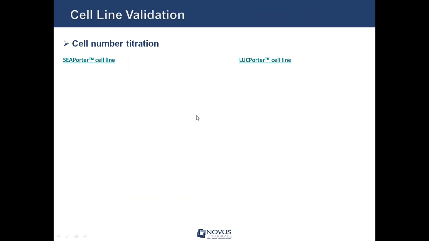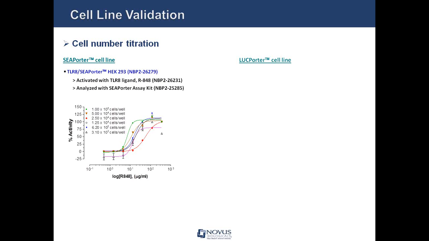We performed cell line validation in many different ways. First of all, we did a cell number titration using two different formats, SEAPorter cell lines and LUCPorter cell lines. For SEAPorter cell lines, we used TLR8 SEAPorter cell lines with the TLR8 ligand, which is resiquimod, R848.